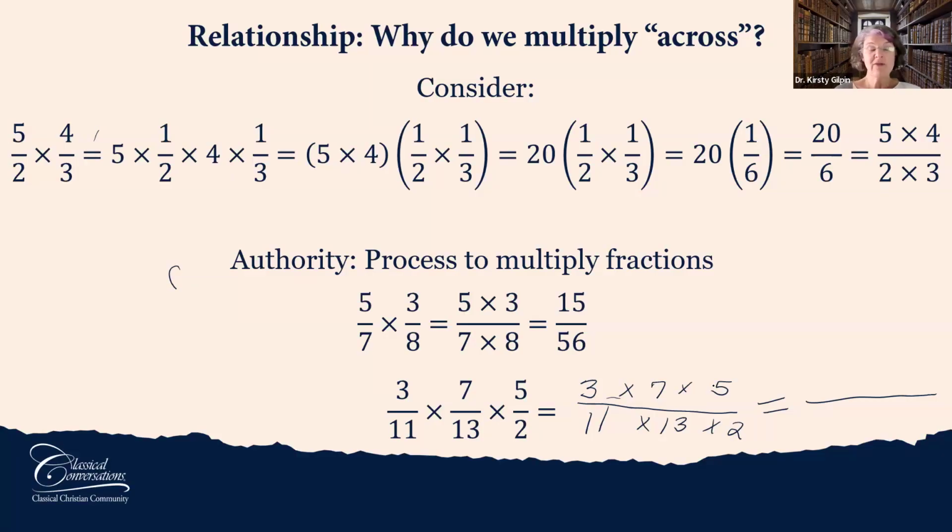So is it more efficient to say 11 times 13 times 2 or 13 times 2 times 11? Is there a different way? Because sometimes one way is easier than another. So I would say in this case, I probably would go left to right because 3 times 7 is 21 and 21 times 5 is fairly straightforward.